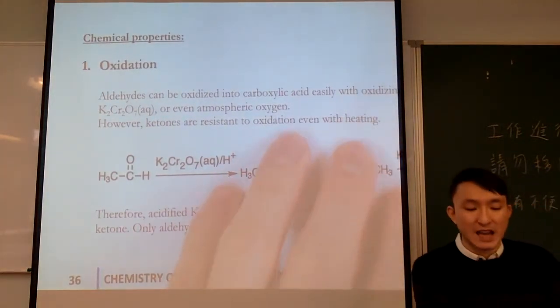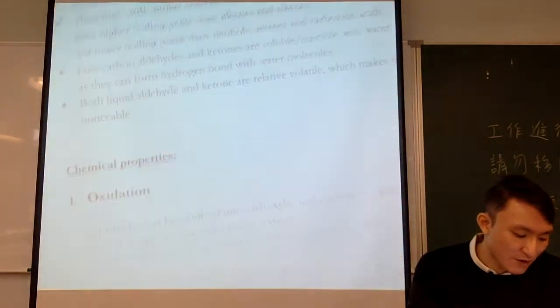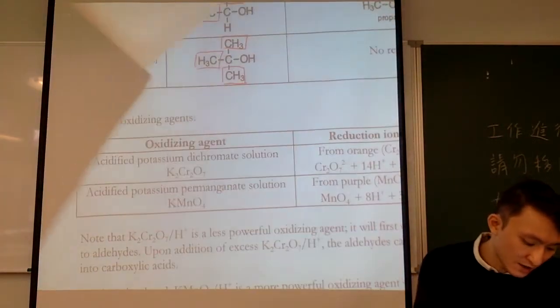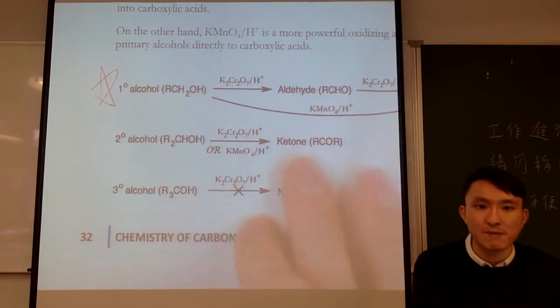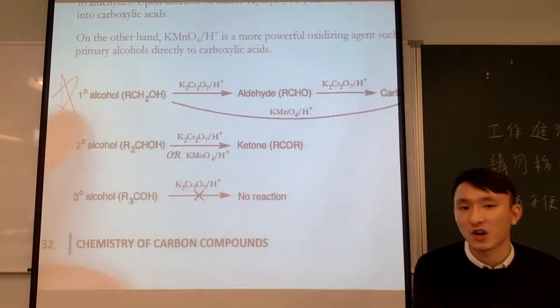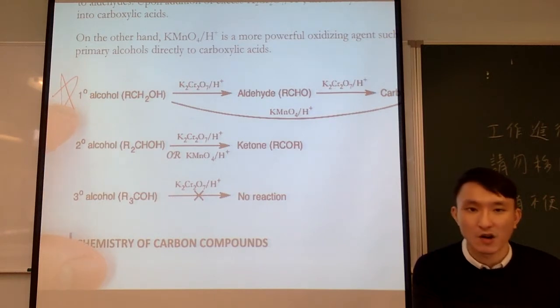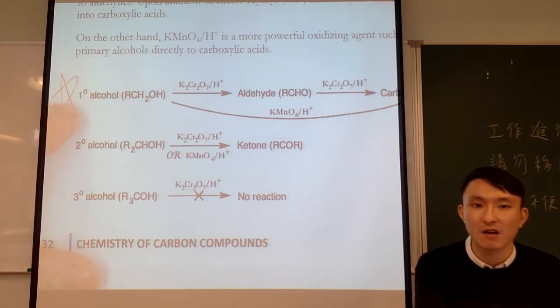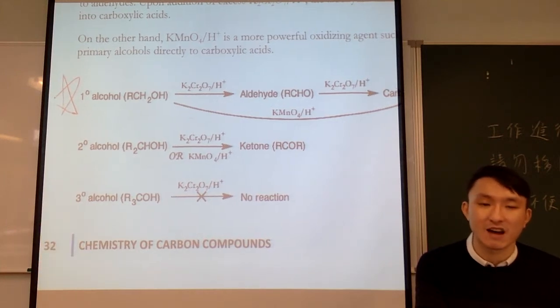Remember when we talked about alcohol? Let's go back to our previous page. For the oxidation of alcohol, it depends on the type of alcohol, whether it is primary, secondary, or tertiary alcohol. They can oxidize to different extents, forming different products.